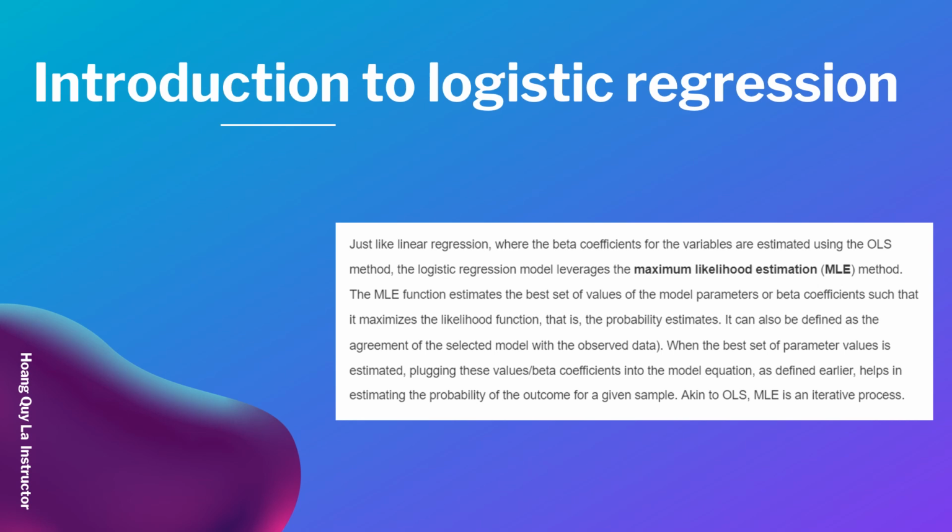It can also be defined as the agreement of the selected model with the observed data. When the best set of parameter values is estimated, plugging these beta coefficients into the model equation as defined earlier helps in estimating the probability of the outcome for a given sample. Akin to OLS, MLE is an iterative process.